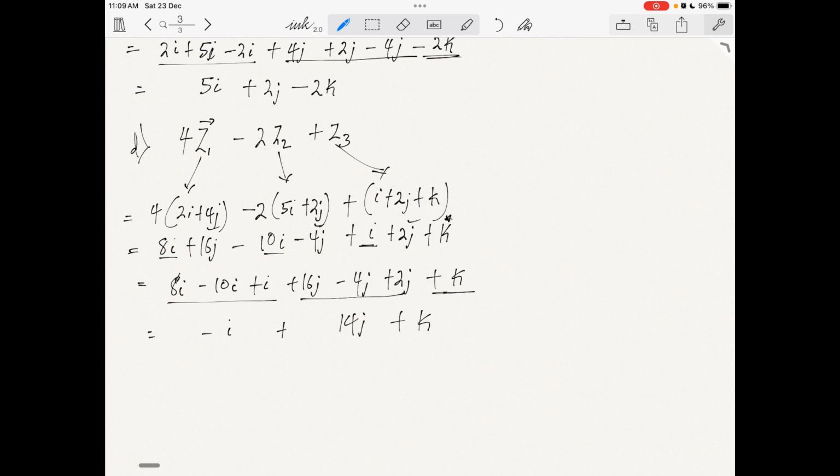What if we are asked to find the modulus or the magnitude of the vector?